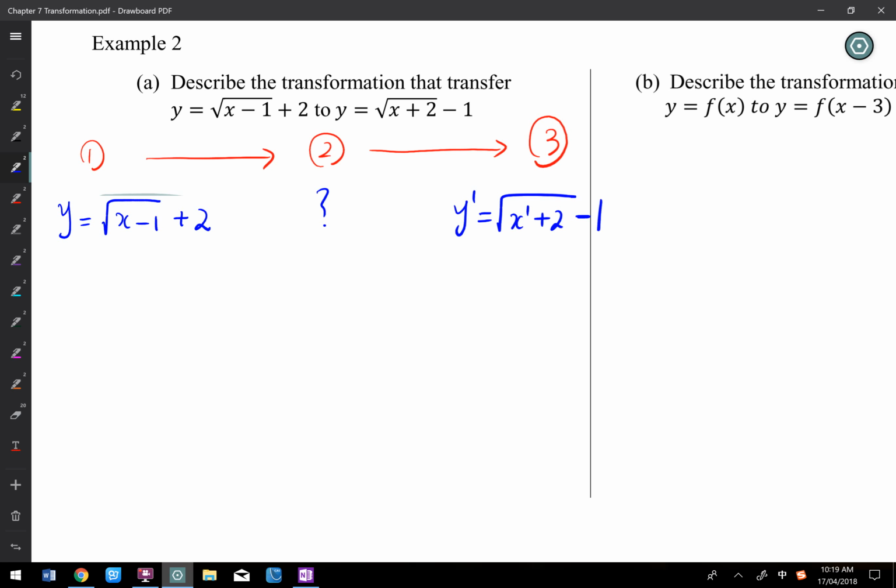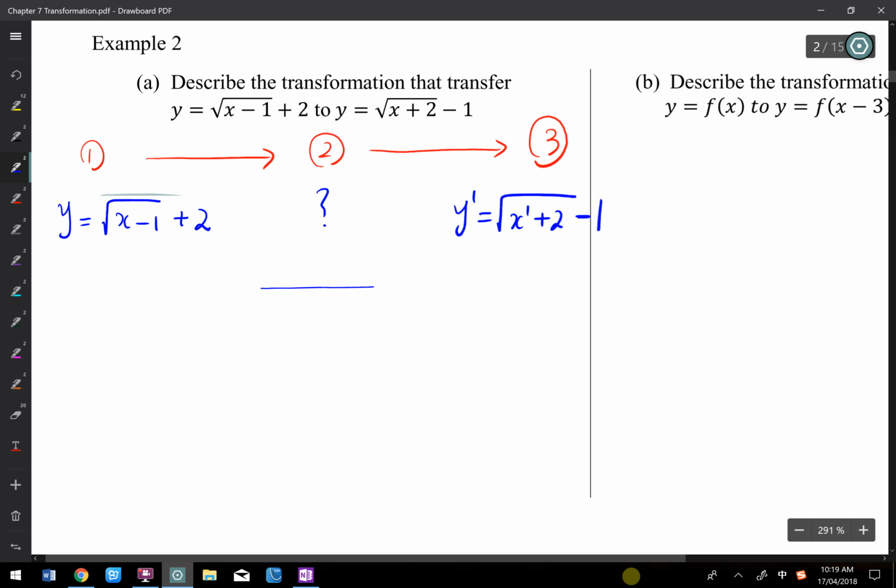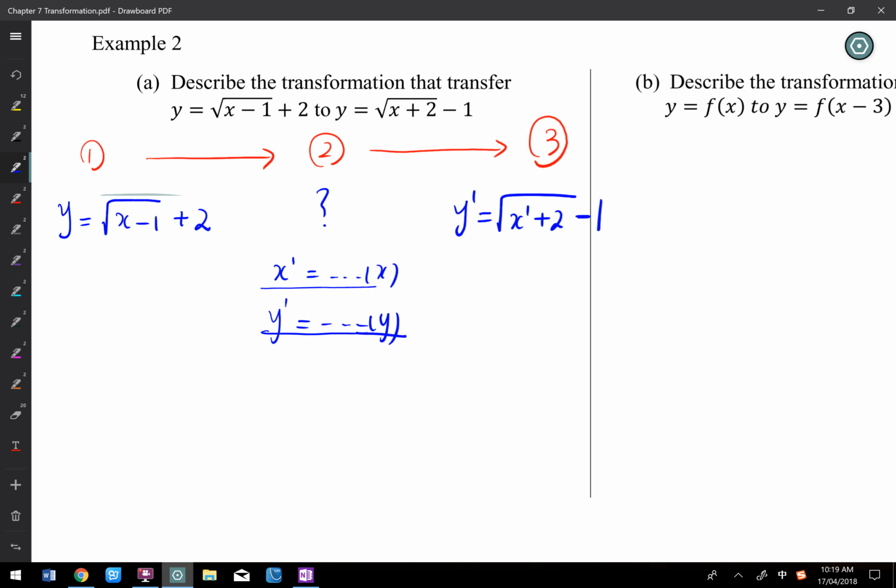And move down 2 units, what I can get is y dash equals y minus 2. So if I can find some connection between x dash and x, and y dash and y, I should be able to talk about the transformation.